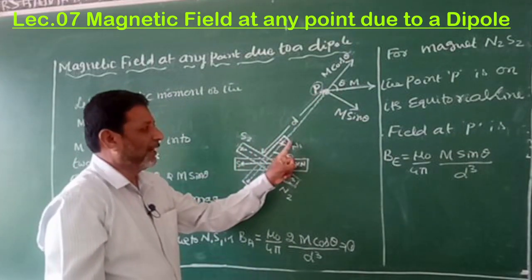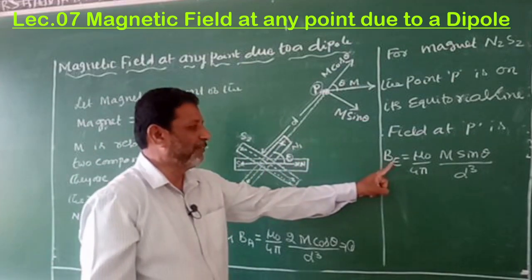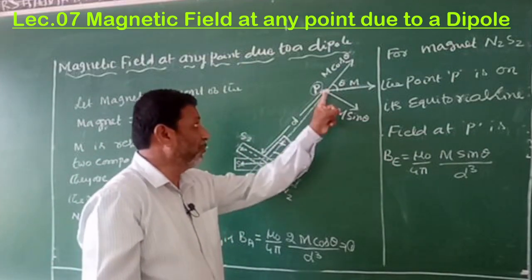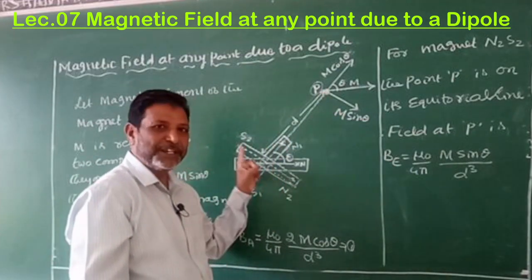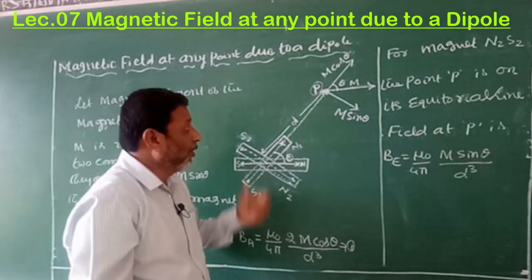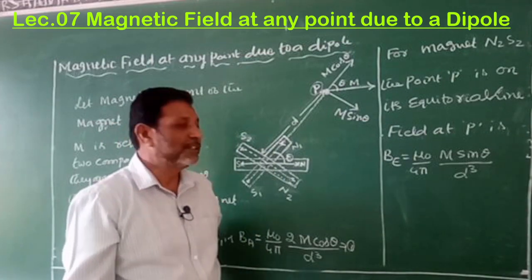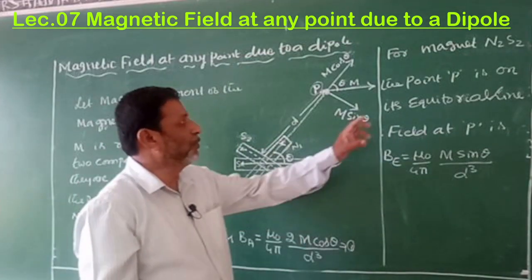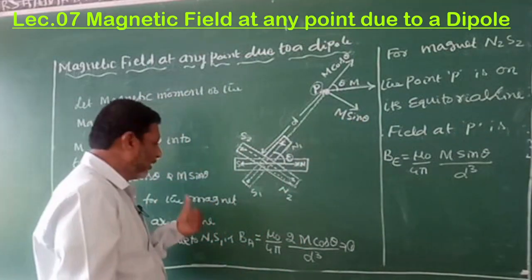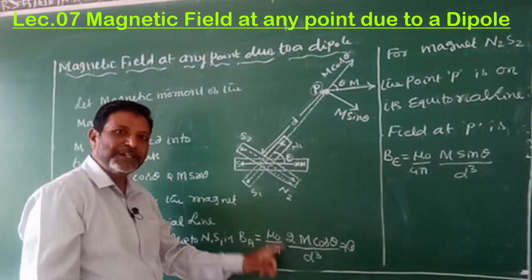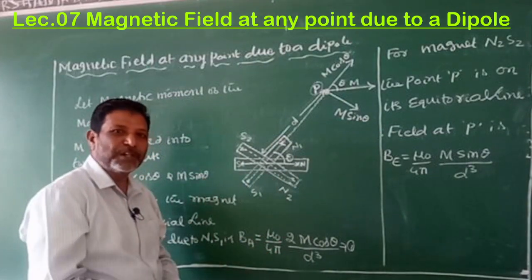N1 S1, and this much is the magnetic field at the same point due to the second magnet N2 S2. Since these two magnets are perpendicular to each other, the fields due to the first magnet and the second magnet, BA and BE, are also perpendicular to each other.